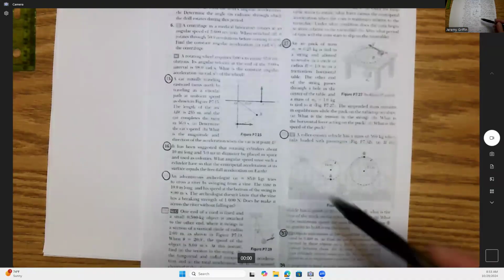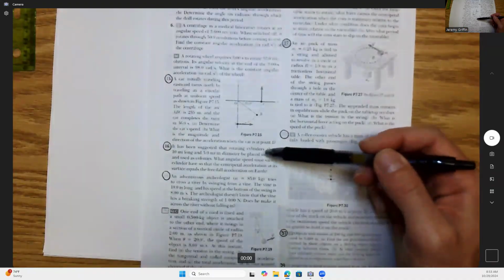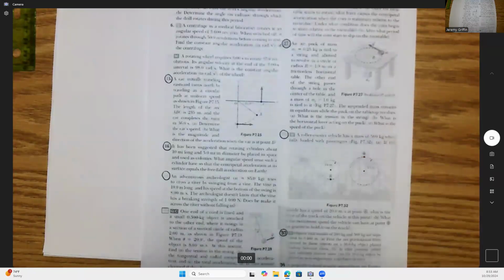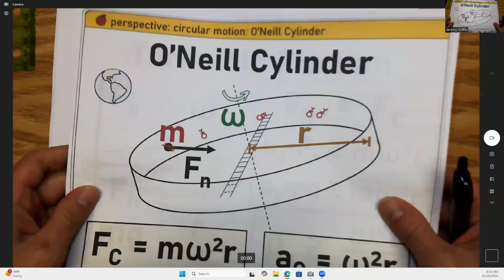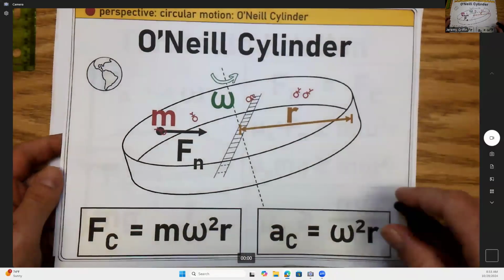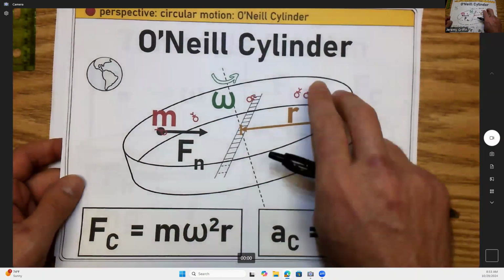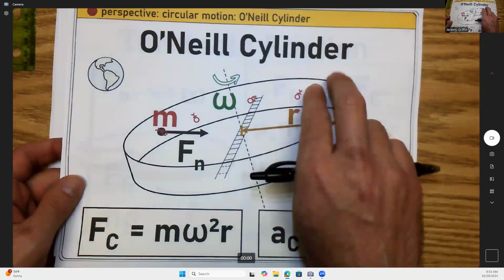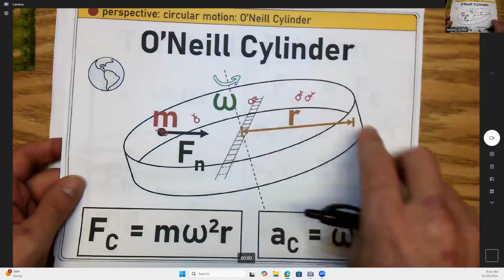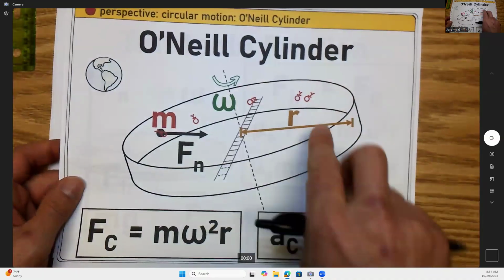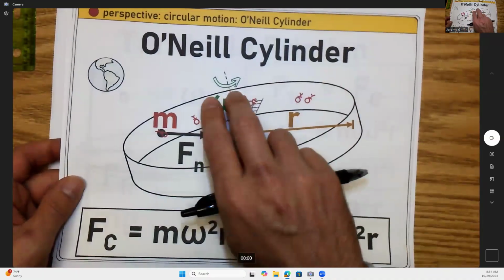All right, what else we got? It's been suggested. Number 16 is talking about O'Neill cylinders. They're talking about this right here. So you give this a spin. You could ask any number of questions about this. Suppose you know how large it is and you want to calculate the gravity field. What if you target a gravity field of 9.8 meters per second squared?